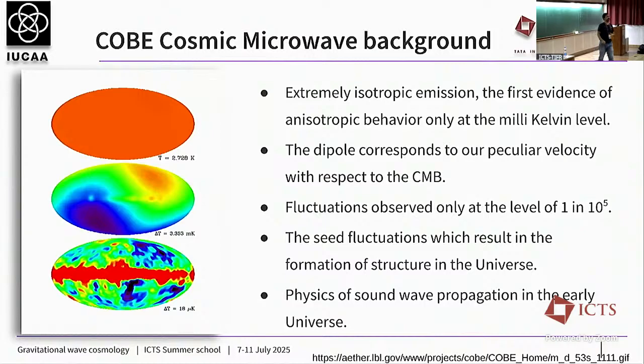But since this is another known effect, you can try to remove it. Once you remove it, again you would see nothing unless you dial the contrast to tens of microkelvin level. So again, think about the scale of these inhomogeneities. We went from Kelvin level to tens of microkelvin. That's when you start to see these inhomogeneities.